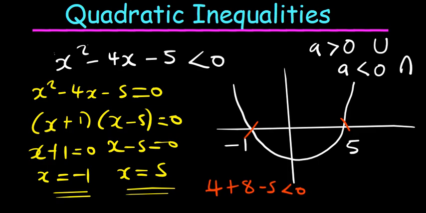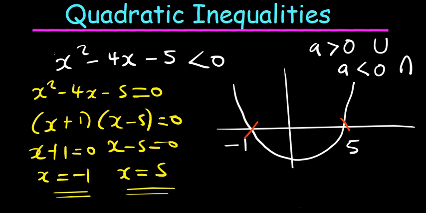Now 4 plus 8 is 12, minus 5 is 7. Now is 7 less than 0? Of course it's not. So 7 can't be less than 0. So it means this region going up is not one of our answers, because if you pick numbers there, they do not satisfy the inequality.